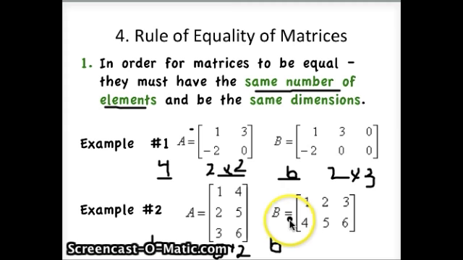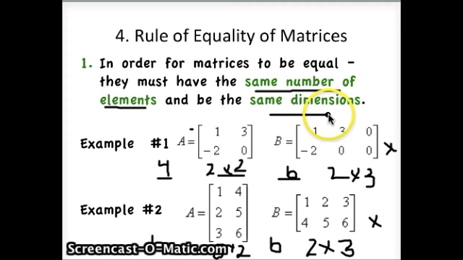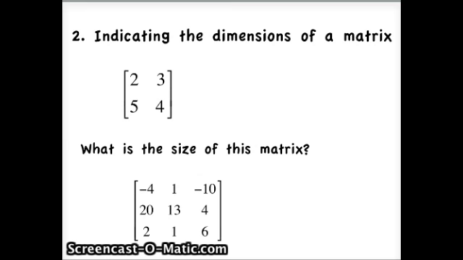But it's 2 rows by 3 columns. Remember, 3 by 2 and 2 by 3 are not the same. So A cannot equal B in this case. So neither of these are equal because of the conditions set above. Same number of elements or entries and same dimensions. So neither of these examples can be equal matrices.